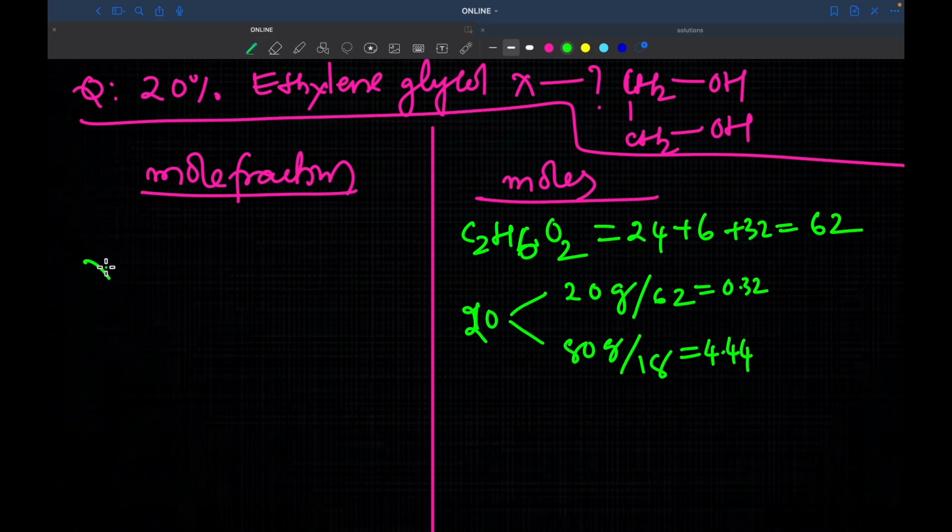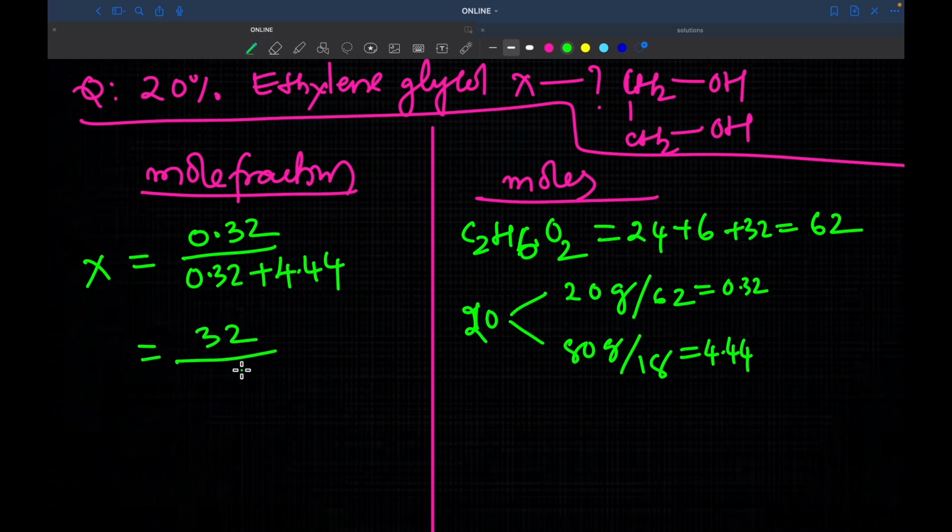Now we have to find the mole fraction. Mole fraction of ethylene glycol equals 0.32 over 0.32 plus 4.44. So which is 32 over 476.